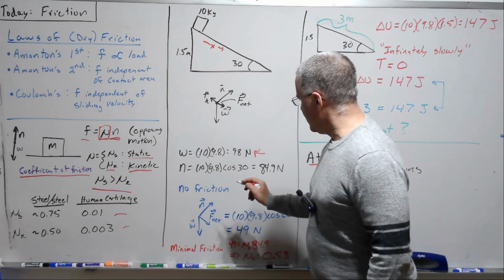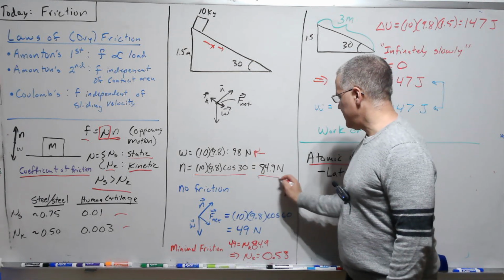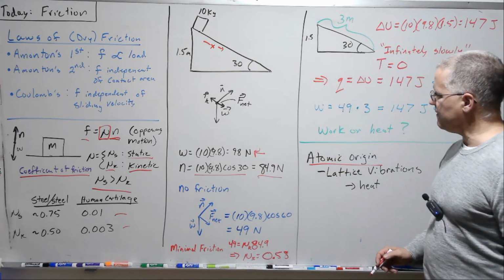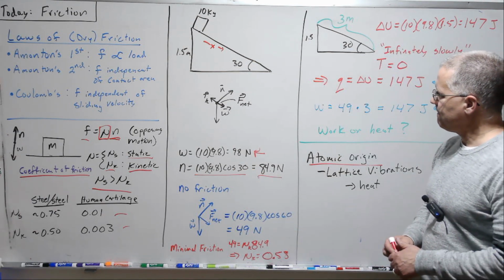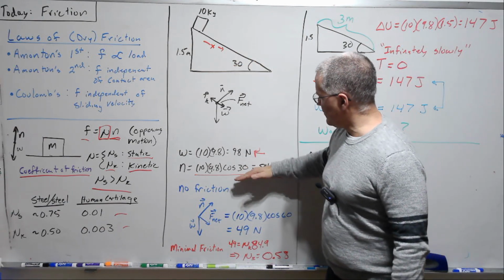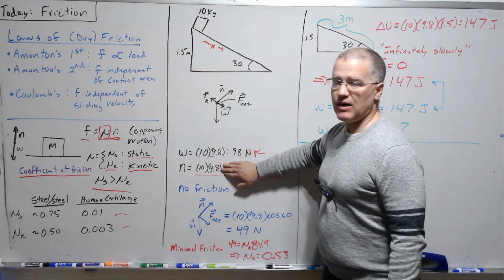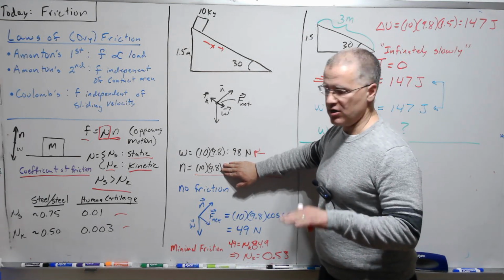And in fact, the normal force is going to be weight times cosine of this angle. And let's check that. If this angle goes down to 0, cosine of 0 is 1, and so then that would indeed equal the weight and counter the weight.